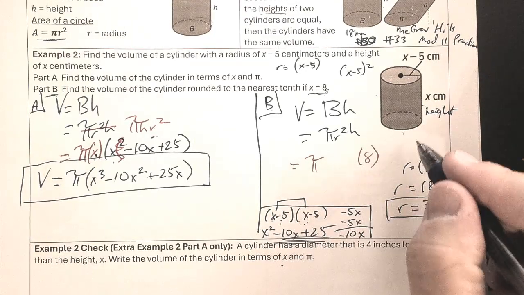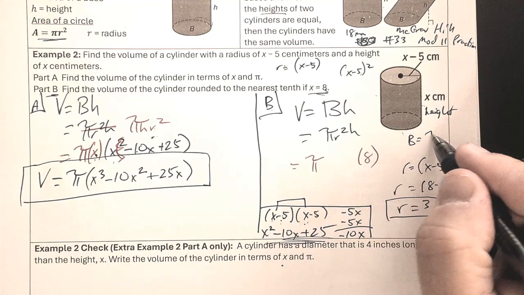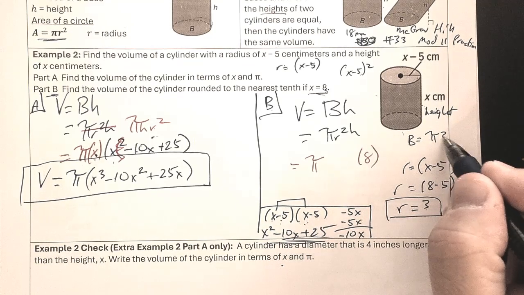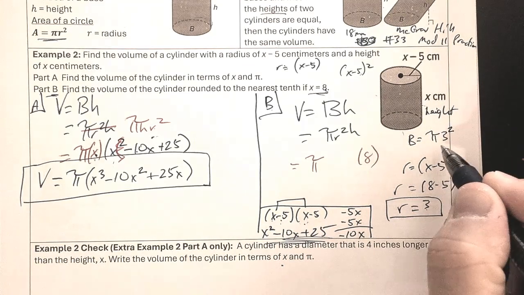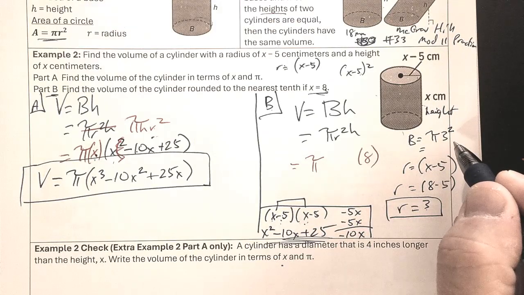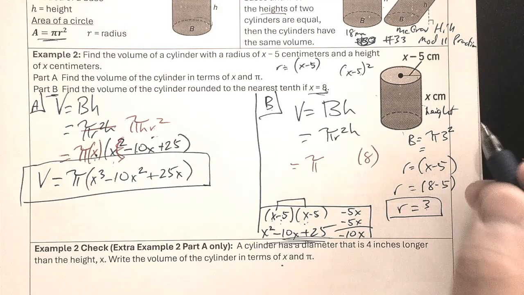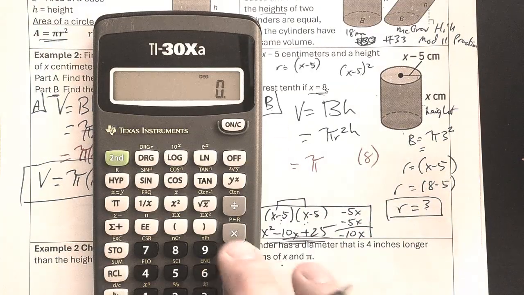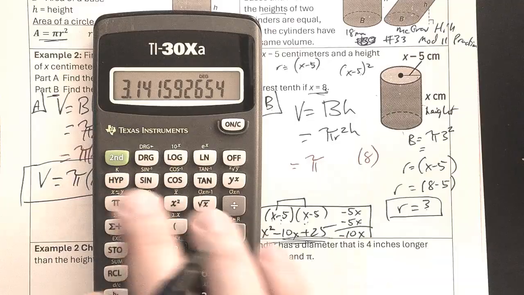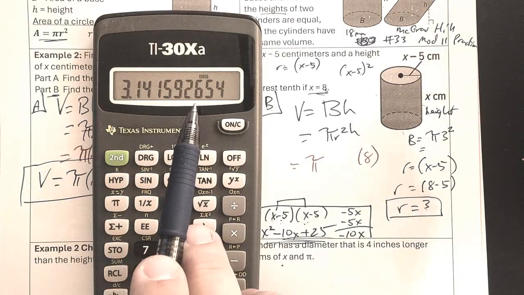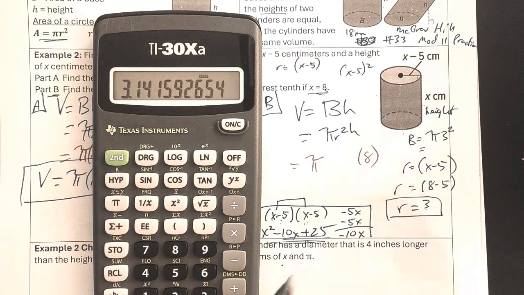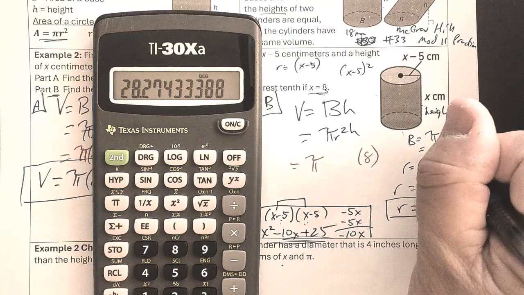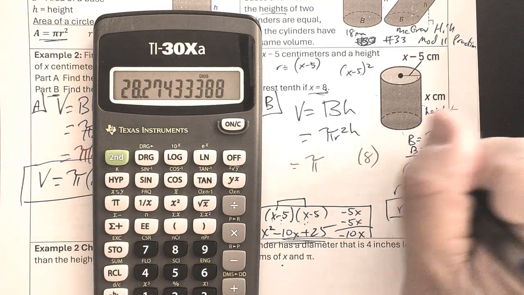So for our base area, it's going to be pi times the radius squared, which is, oh yeah, pi r squared. So that's 9 pi. 9 times pi, and you have to hit equals. 3.141592654 is pi. So hit equal. So 28.27. We're going to say 28.3. That's our base area.